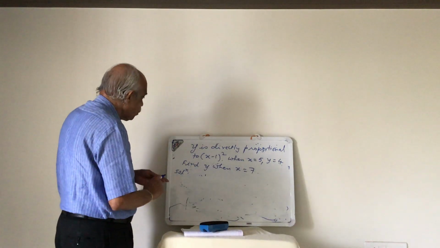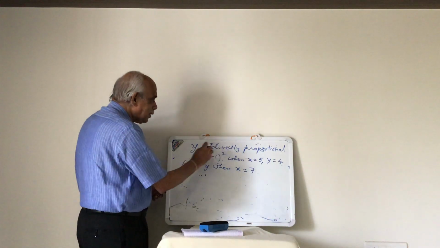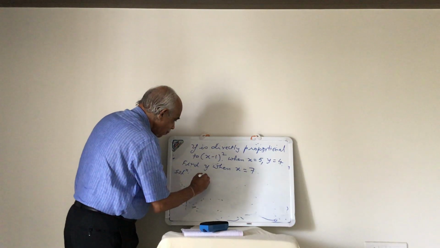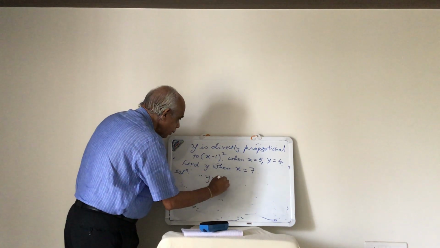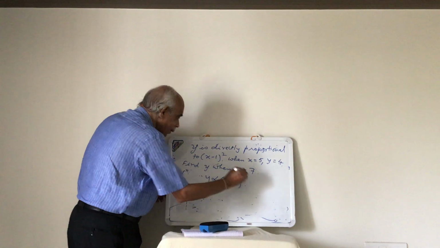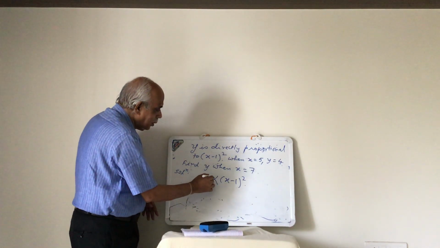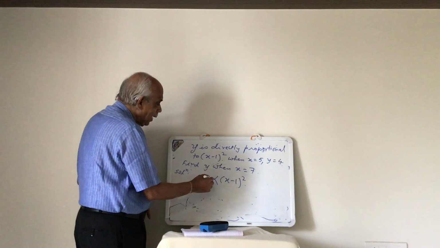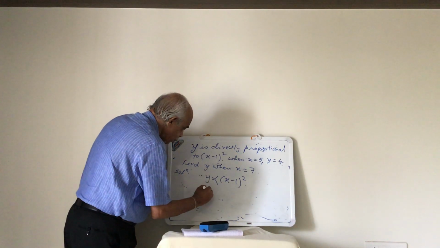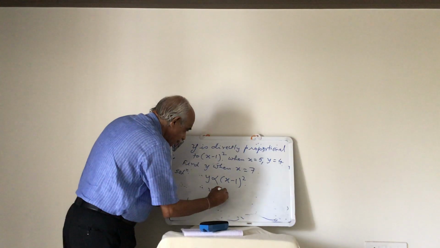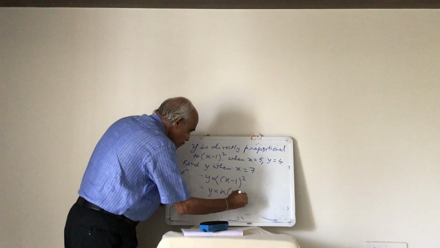So we say solution: since y is directly proportional to this thing, we write y directly proportional to x minus 1 whole square. That is what they have given. So we again remove this proportionality sign and substitute constant. Therefore y equal to k multiplied by x minus 1 square.